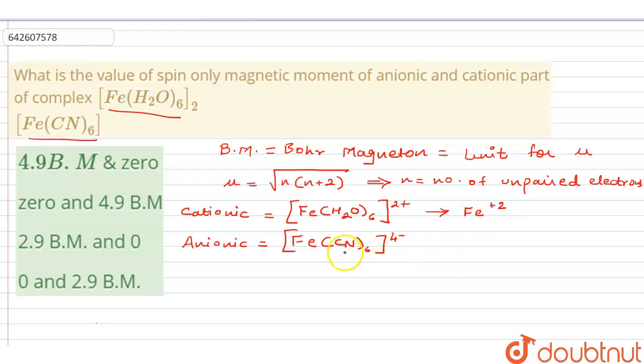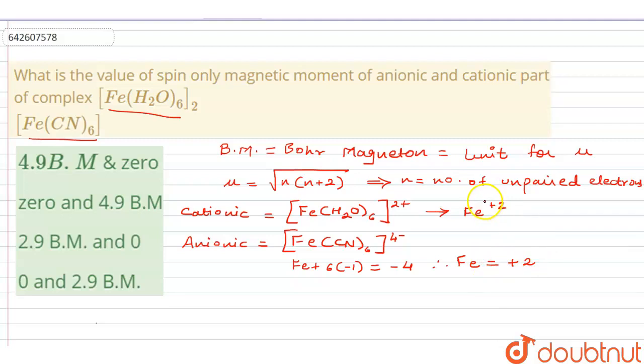In the cyano complex, each CN carries a -1 charge, so -6 in total. To calculate the oxidation state of Fe, let Fe be unknown, and 6 into -1 is equal to the total charge on this part of the complex, which is -4. Hence Fe is -4 plus 6, which becomes again +2.